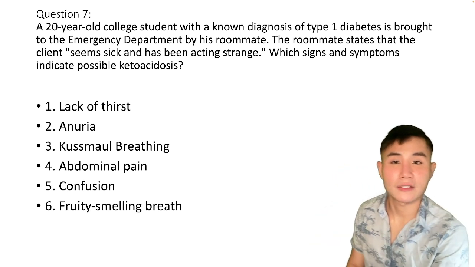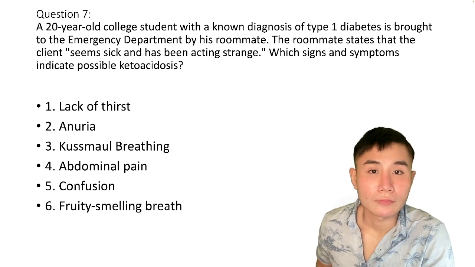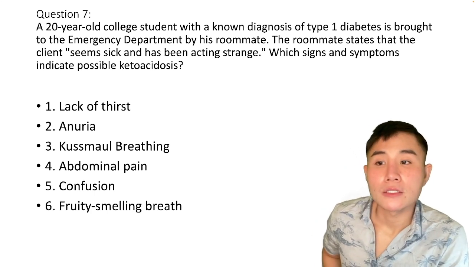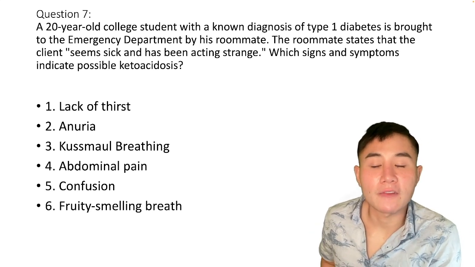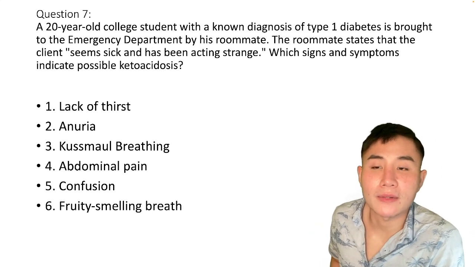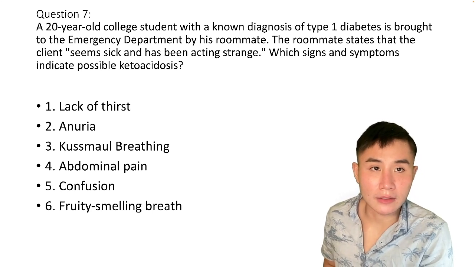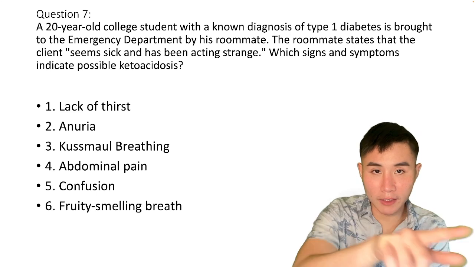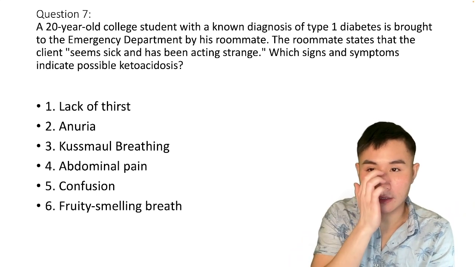All right, I'll give you a few moments to pick the answer choices. Okay, before we go through the answer choices, let's talk about DKA. Obviously we know DKA is in type 1 diabetes. The question even mentioned that, diagnosed with type 1 diabetes, and they talk about ketoacidosis.